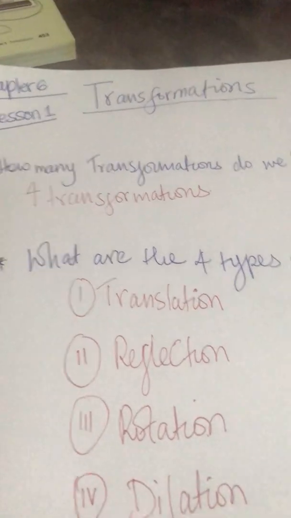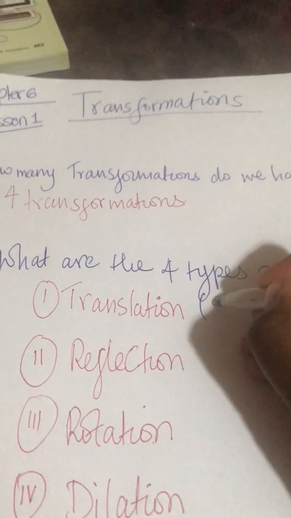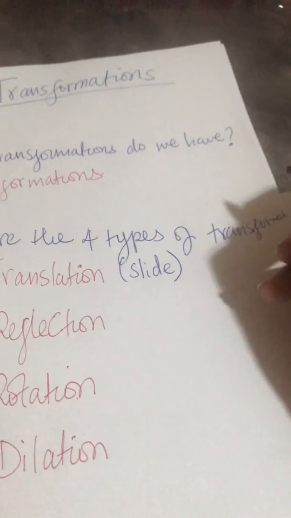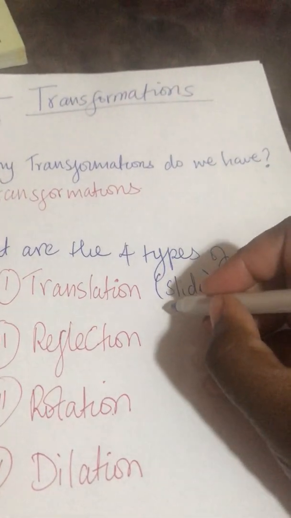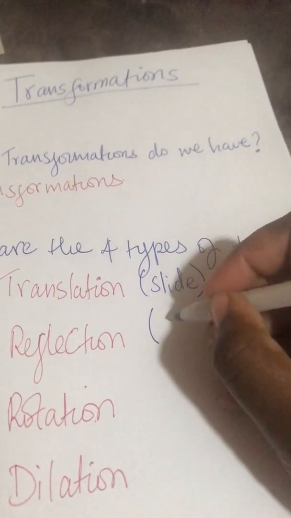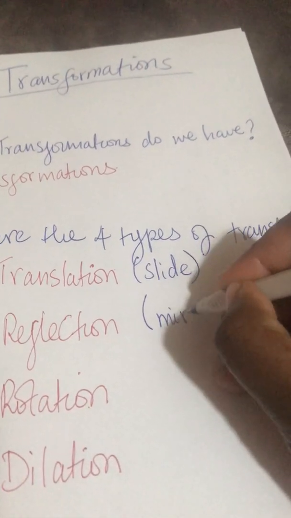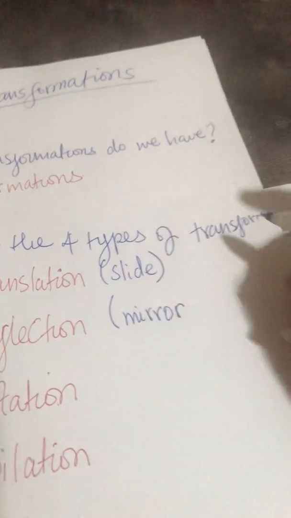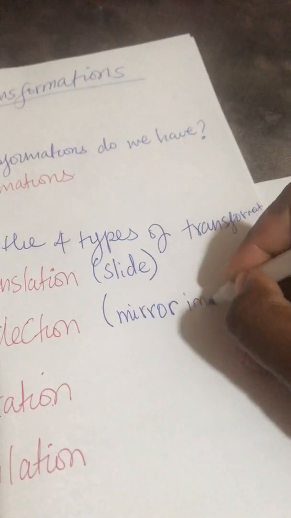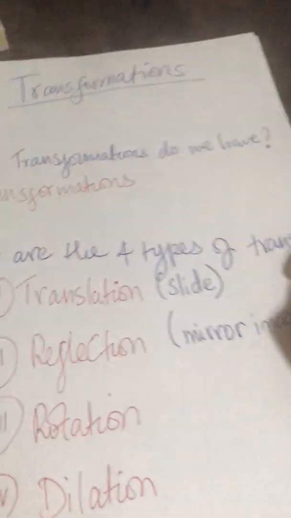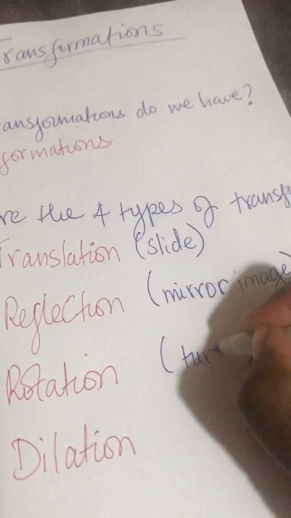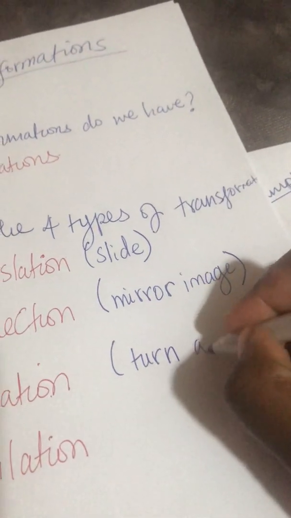Another word for translation, to slide. Another word for reflection, it is mirror or maraya. Remember, maraya in Arabic is mirror. Mirror image. Another word for rotation is to turn at an angle.